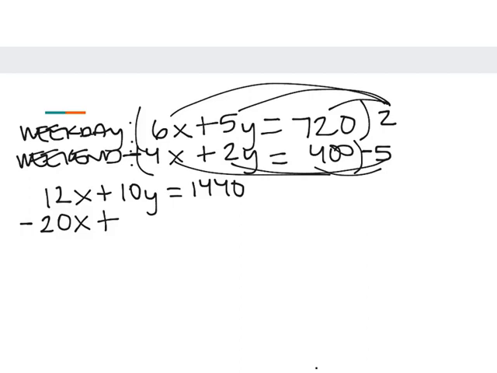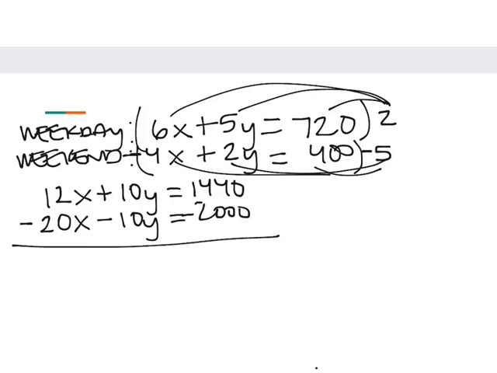Then we have a negative 10y, and 400 times the negative 5 gives us negative 2,000. Now I have coefficients that match with opposite signs, so they will cancel out.